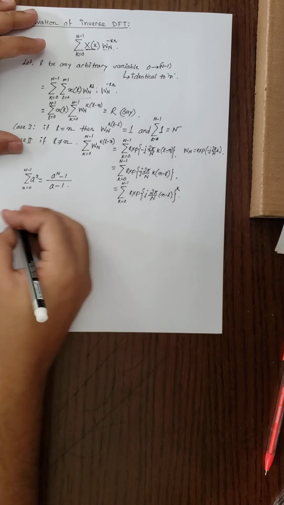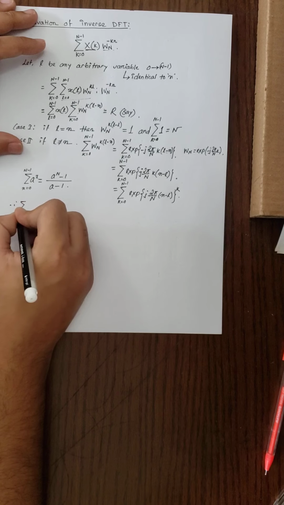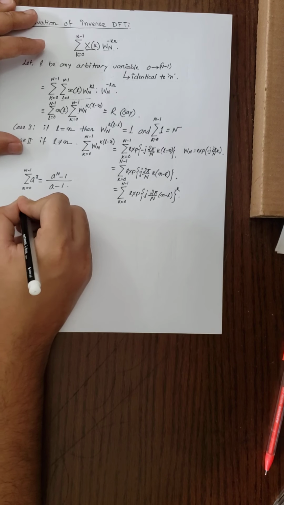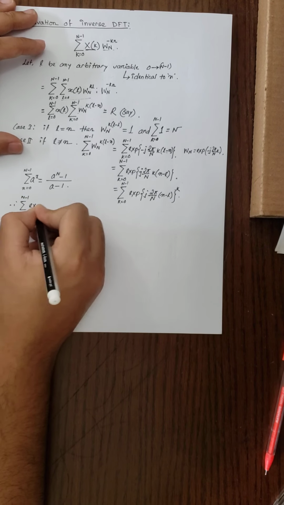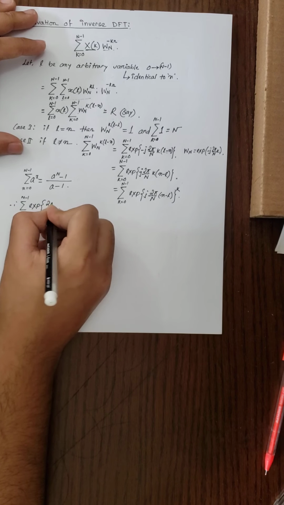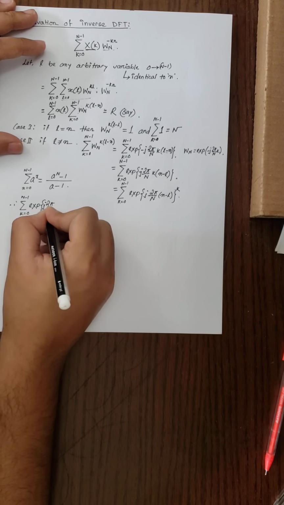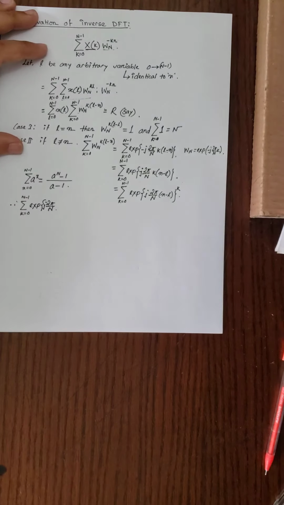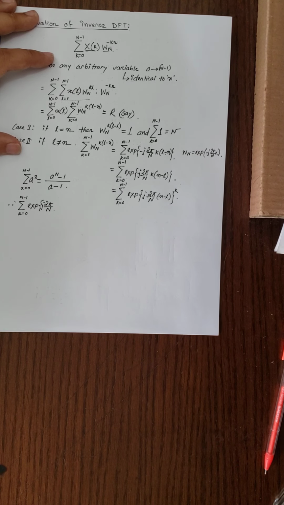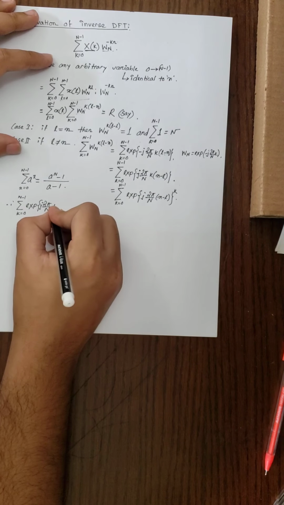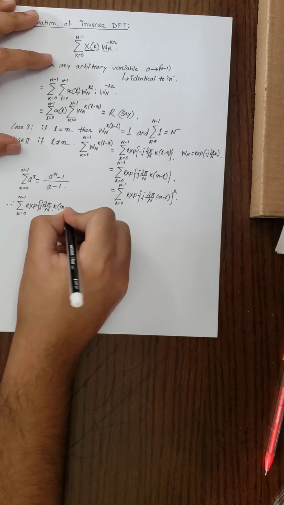So this expression essentially becomes summation where k goes from 0 to N minus 1 e to the power j 2 pi over N k (n minus L).